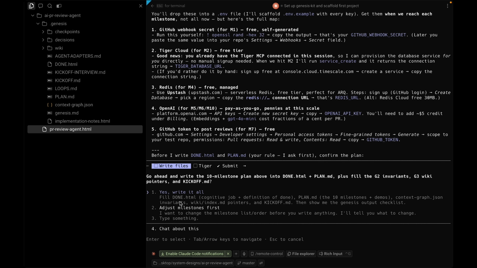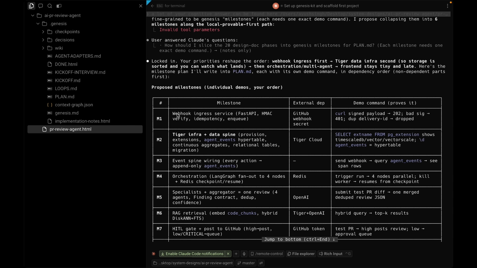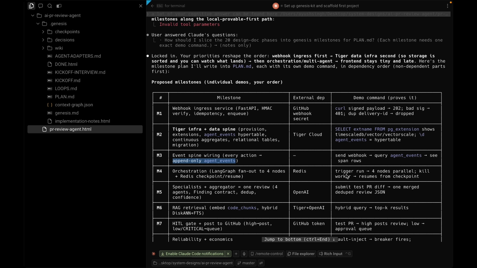Okay, let me quickly go ahead and see the milestones it has created. As per our plan, the webhook, okay, that's fair. Then Tiger infrastructure. So the demo command is something like this, that it should be able to figure out the Tiger. Then send a webhook and query span rows, which is basically every event spine, every action span, only agent events. Then orchestration, which is trigger a run with 4 nodes, kill the worker, and resume from the checkpoint.